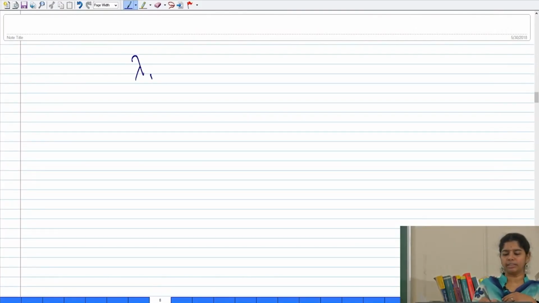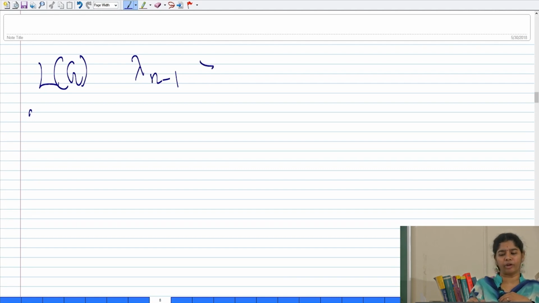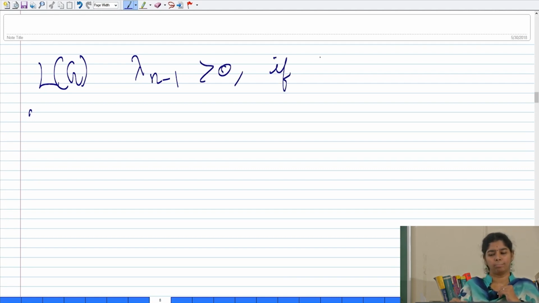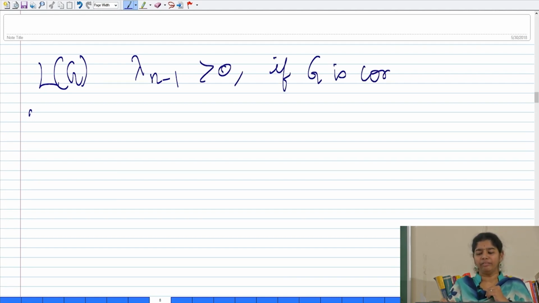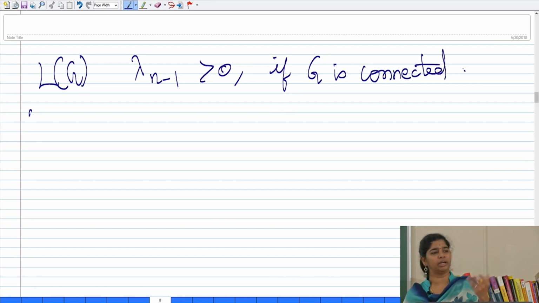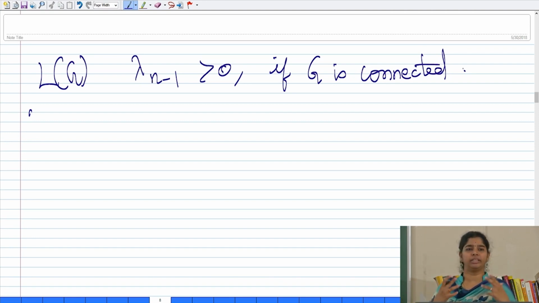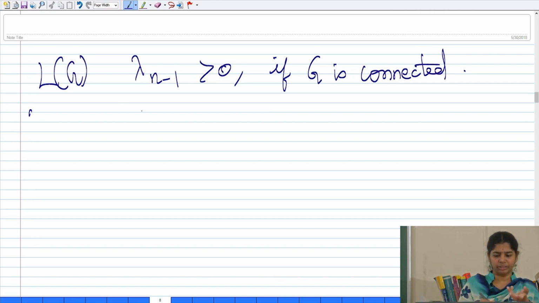So the second smallest eigenvalue lambda n minus 1 for any graph G, if G is connected, is going to be positive, right. This much we know. In fact, this quantity has a very special name in the theory. We call this the algebraic connectivity of the graph, because this determines whether your graph is connected or not.